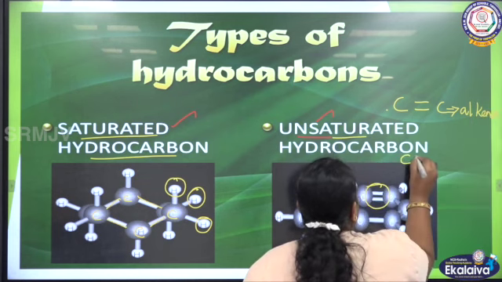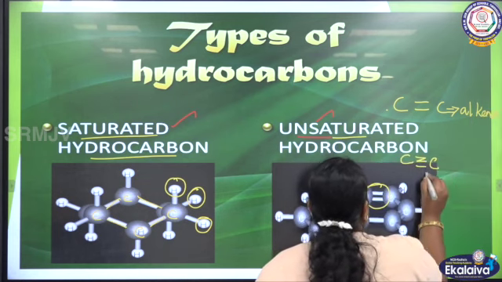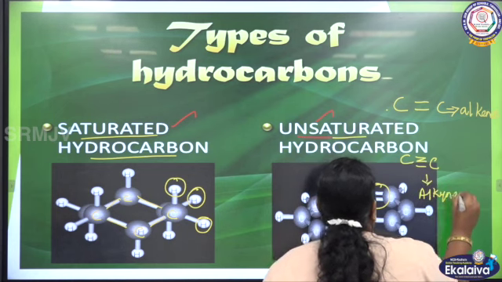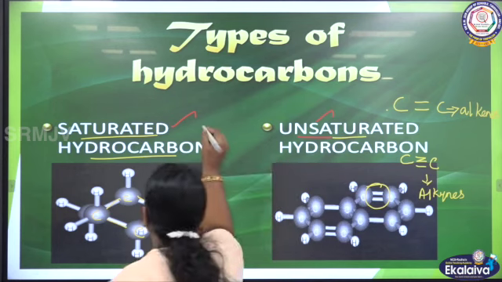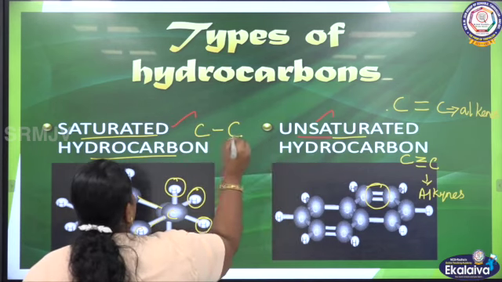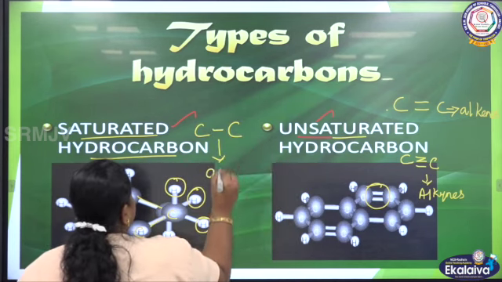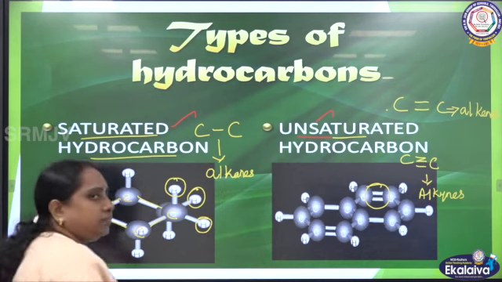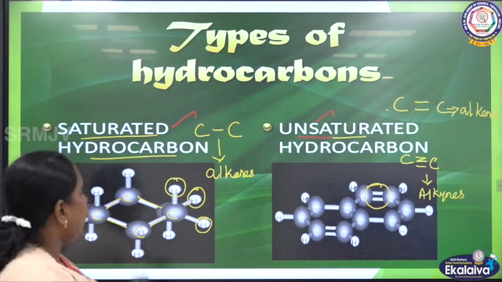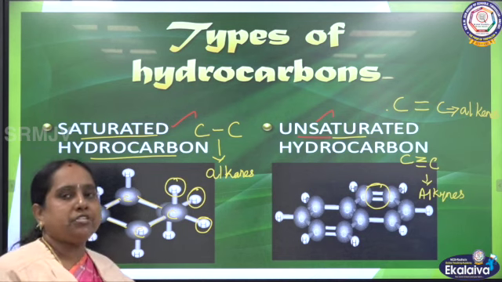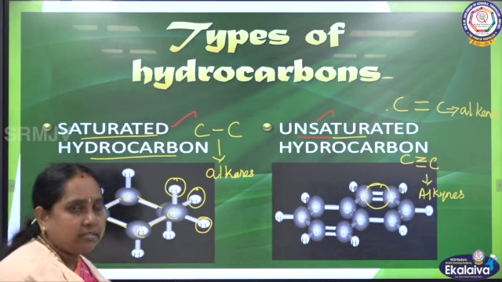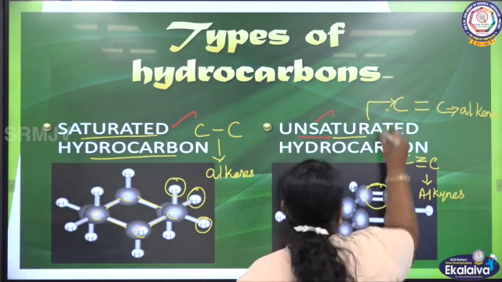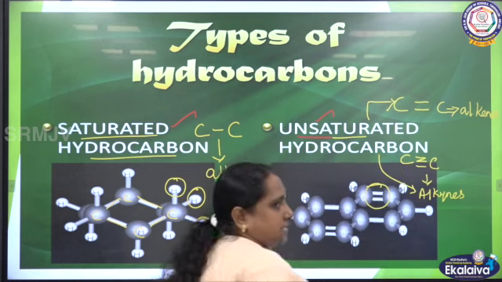If carbon contains triple bond, then they are called as alkynes. Then how to name the compounds containing single bond? Carbon, single bond, carbon means they are called as alkanes in general. So, we can say saturated hydrocarbons can be generally called as alkanes, and unsaturated hydrocarbons are of 2 types. One is alkene and the other type is alkynes.